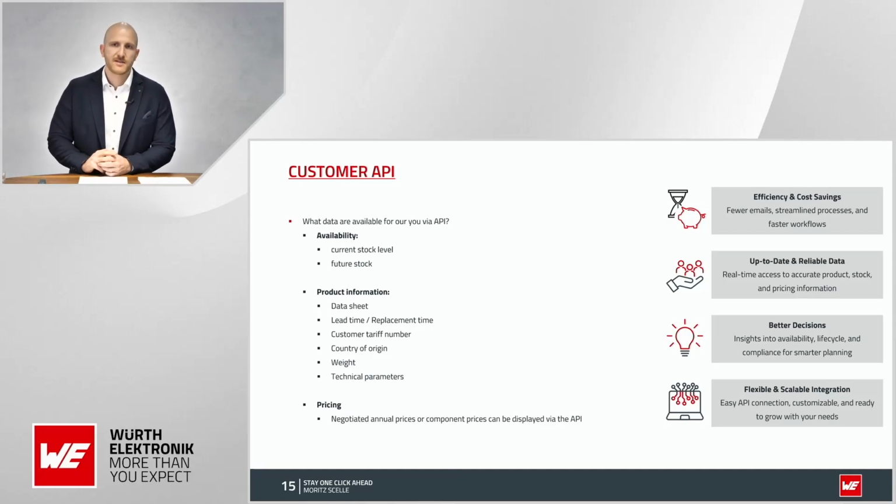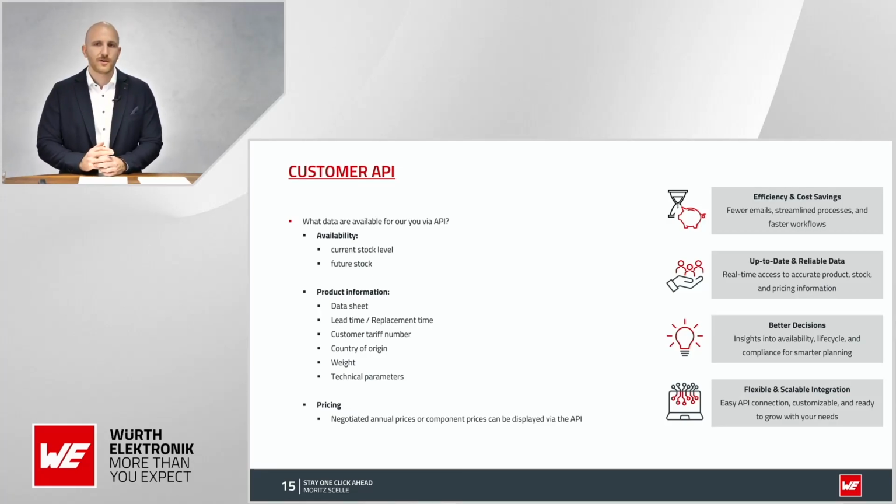So if your company is already working with APIs and you didn't know until now that Würth Elektronik also provides an API, yes, we do, and you can gain some benefits. For you, it's more efficient and cost saving. There is no need anymore to write emails to our sales rep or the inside sales team. It's a streamlined process and a fast workflow.